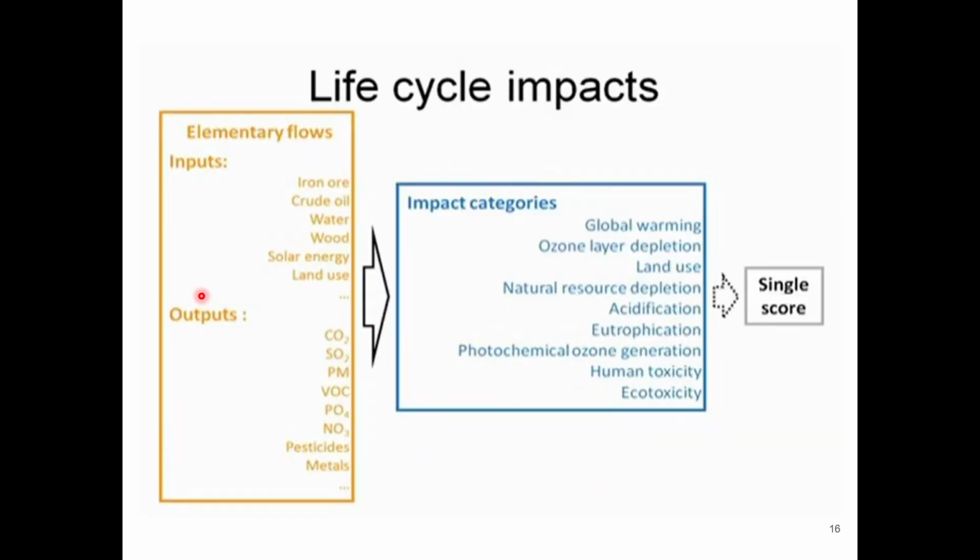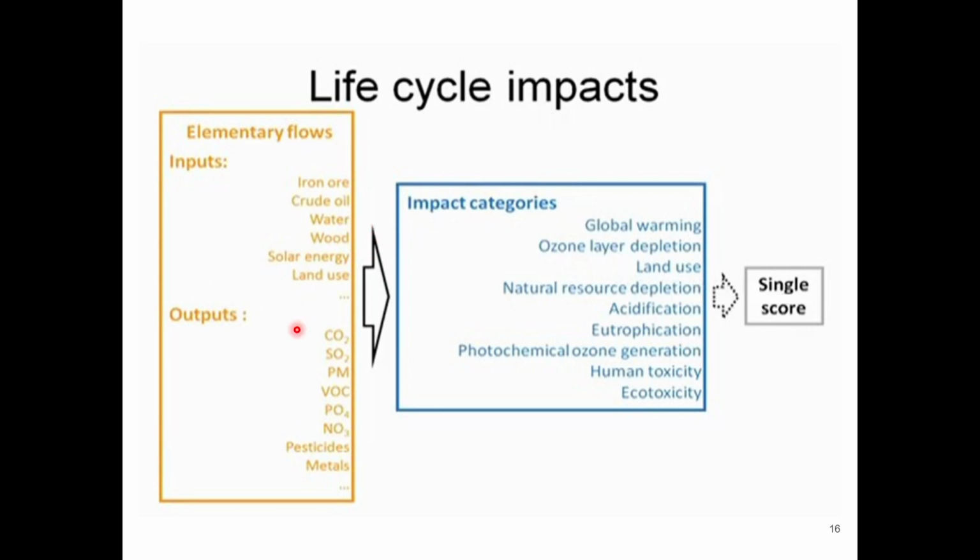Now if we go further, how is the life cycle analyzed? As we just discussed, we had system boundaries, inside that we had processes and unit processes, and for achieving the process we had some input and output flows, which were elementary flows. Now the question is how the life cycle is calculated.